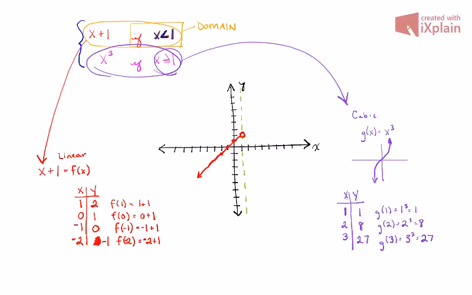So I do have a point at 1, 1, and note that I'm using a solid dot here because of the equal sign noted in the domain. Then I'm also going to do 2, 8, and I'm going to connect the two. And this is your piecewise function. As you can see, I'm going to try to highlight this.